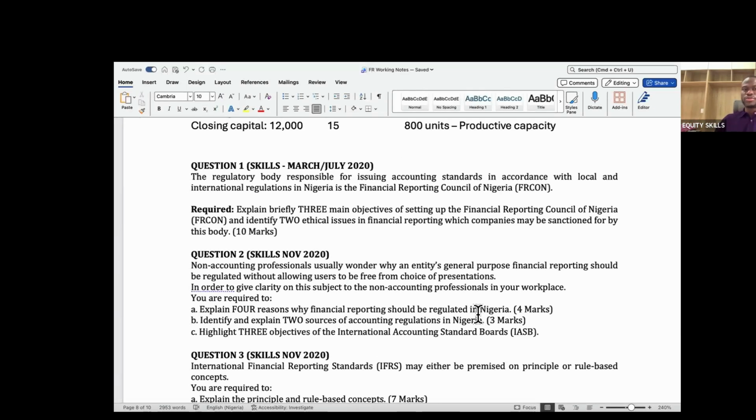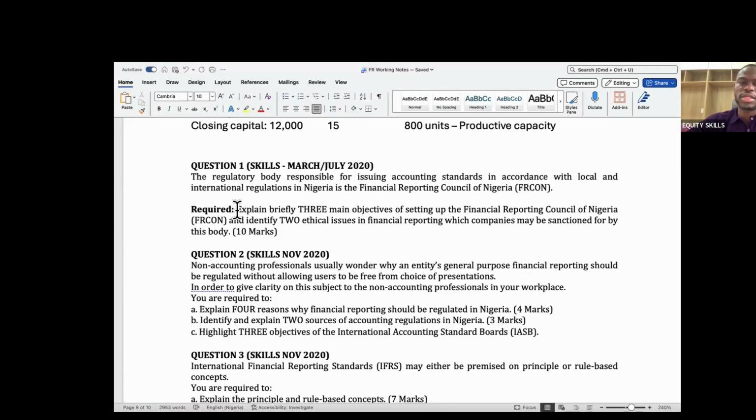So if you look at this question from 2020, it says the regulatory body responsible for issuing accounting standards in accordance with local and international regulation in Nigeria is the Financial Reporting Council of Nigeria.